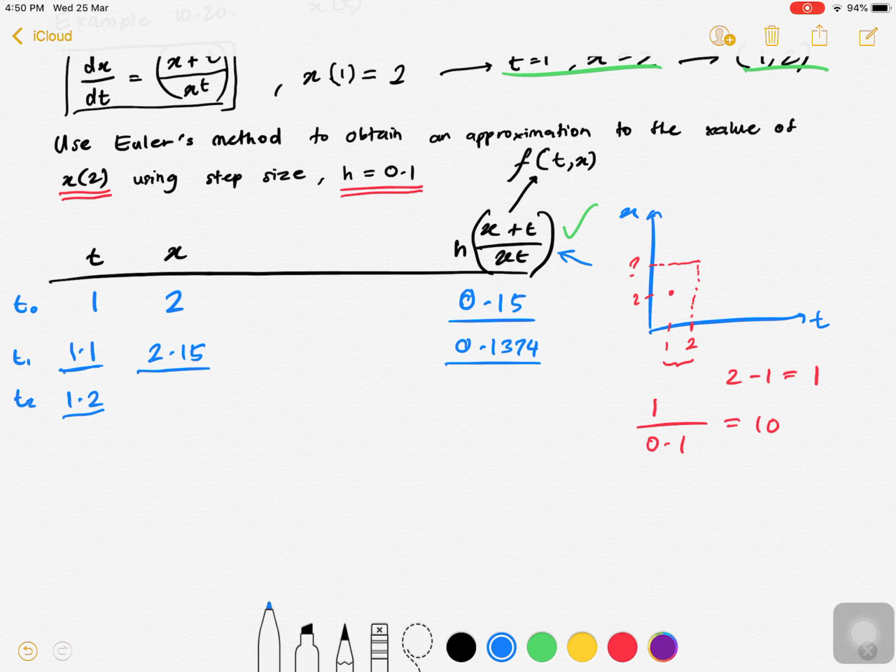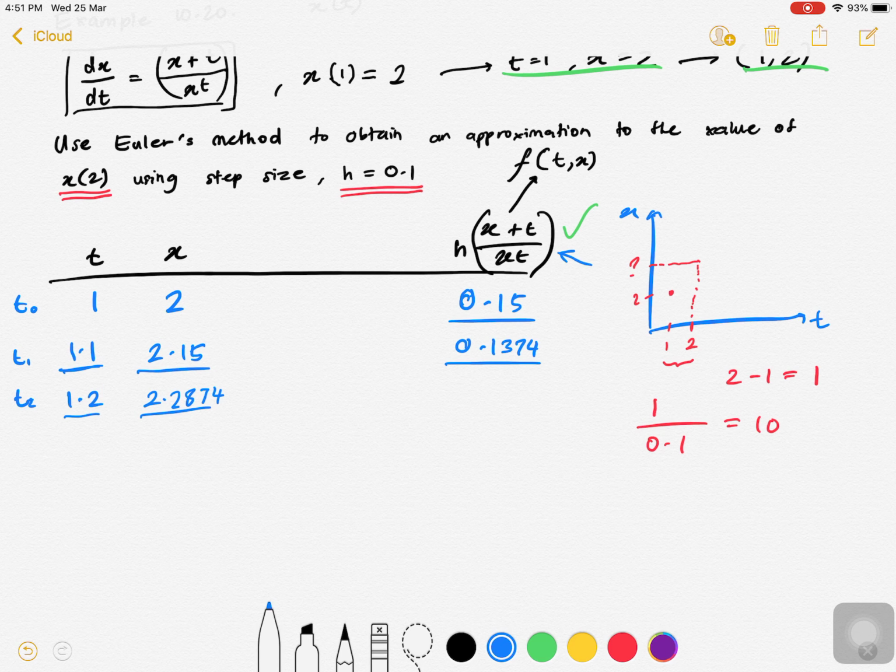For x2, it is this value plus this value, which is 2.2874, similar to the one in the book.